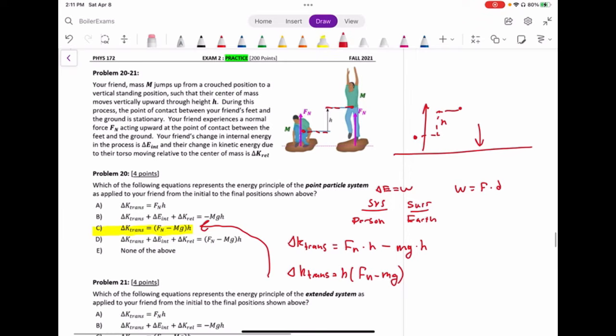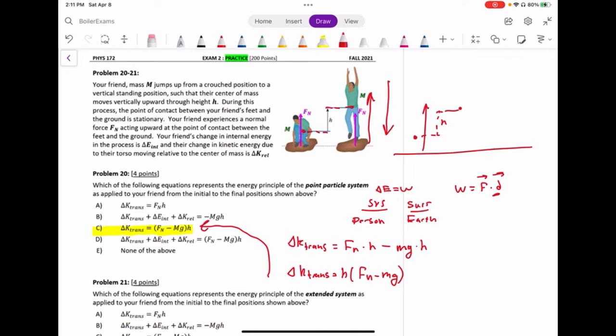Also, for signage of work, I don't know if you could have gotten it wrong here, but the reason our sign of gravity is negative is because it's pointing in the opposite direction as our displacement. Our displacement vector is going up, obviously, right? He's going upwards. Gravity points downwards.